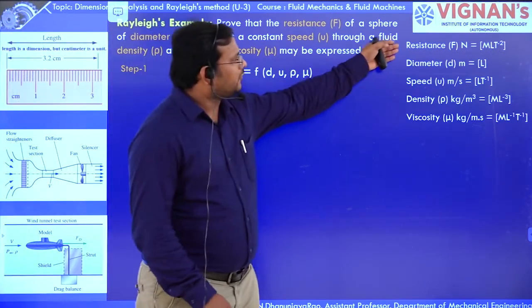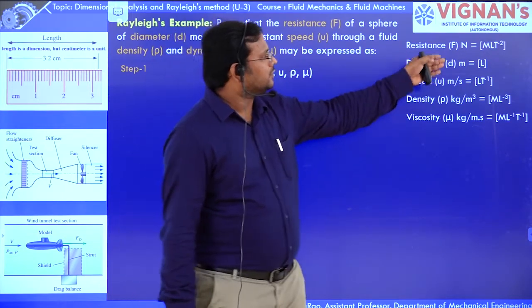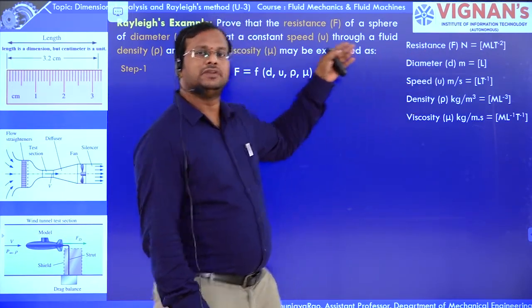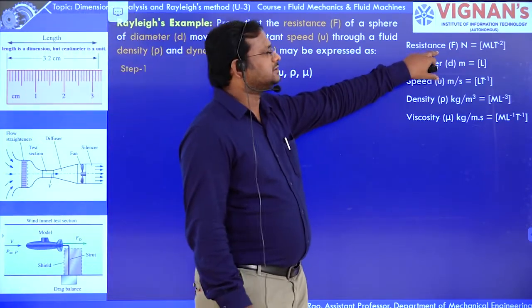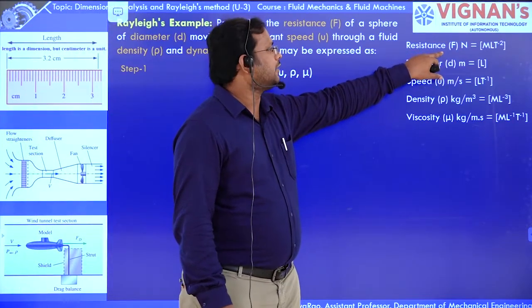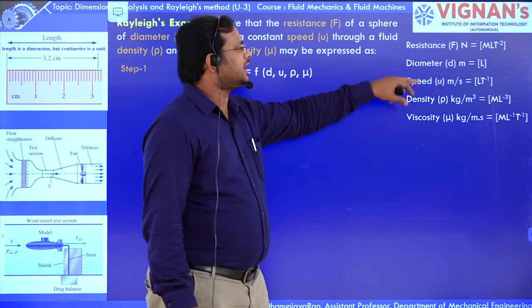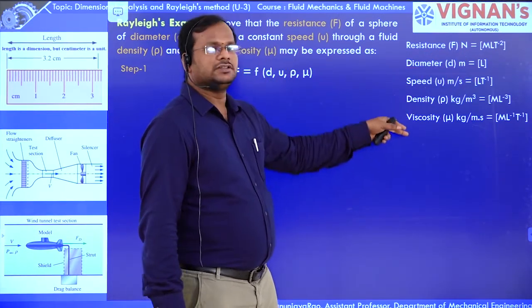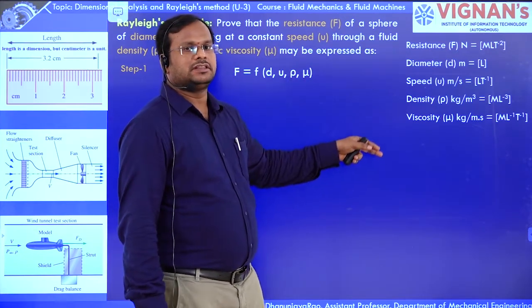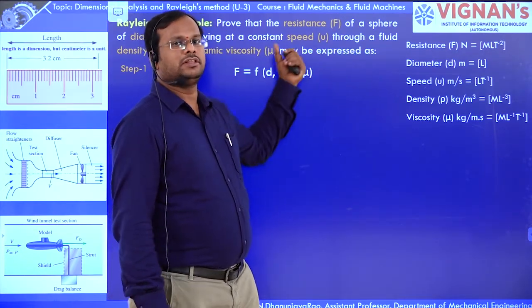These are the fundamental dimensions of the variables involved in this fluid flow problem: resistance, meaning force F, in Newtons, the diameter, the speed, the density, the viscosity.